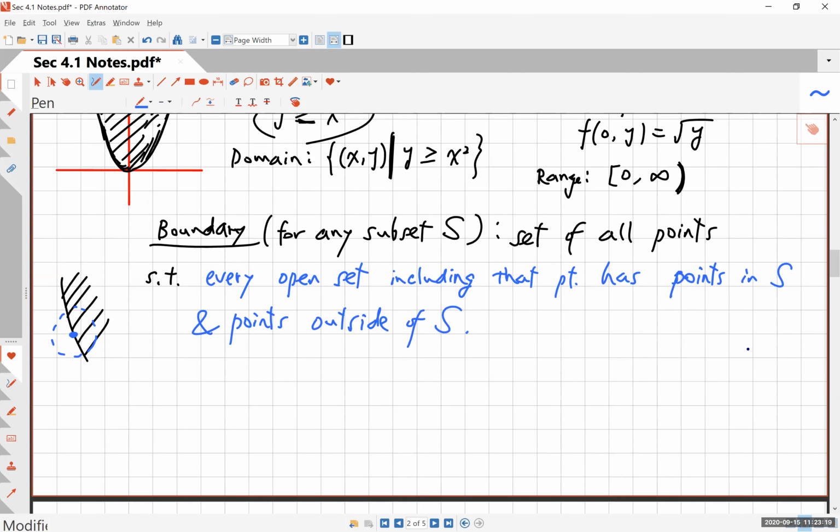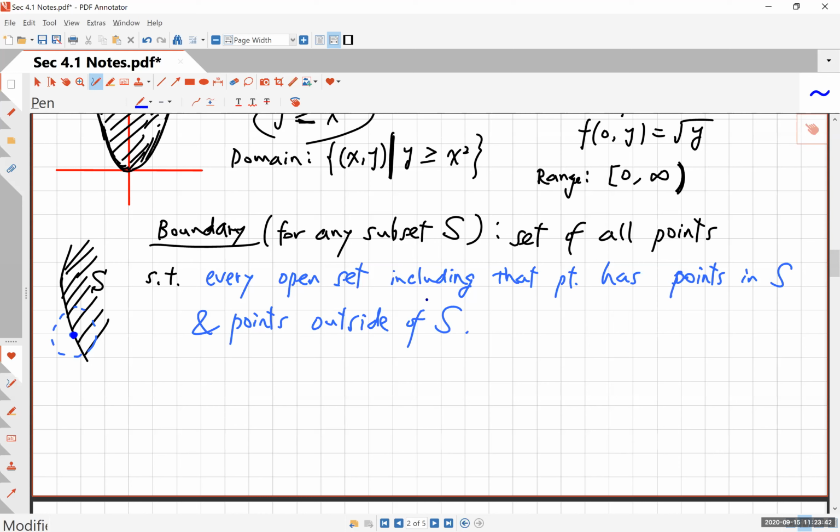Now, let's dissect this a little bit, because this may be a new concept here. Let's say this set to the right is my subset S. And I am claiming that this point right here is a boundary point. Why do we call this a boundary point?